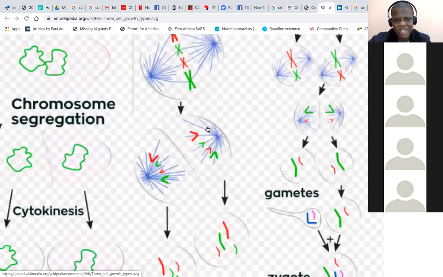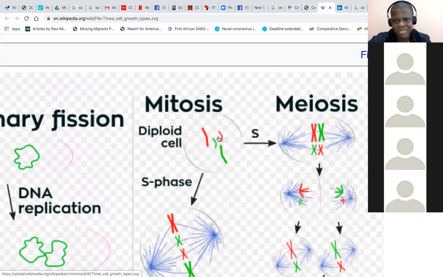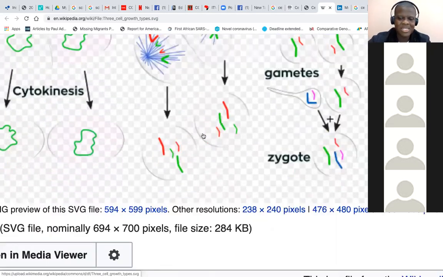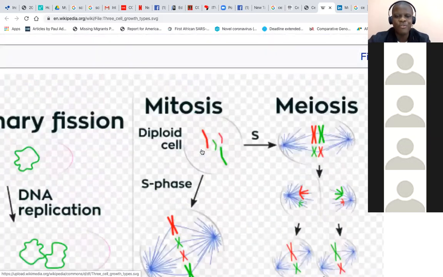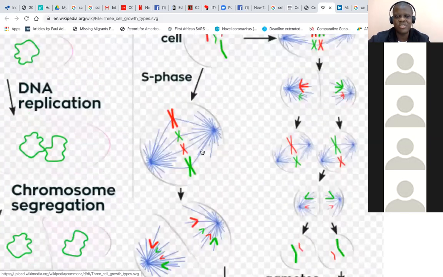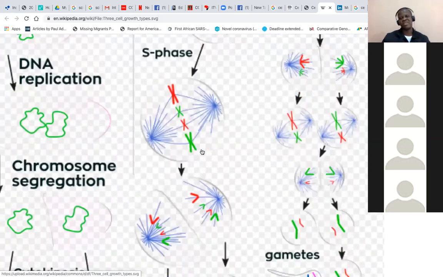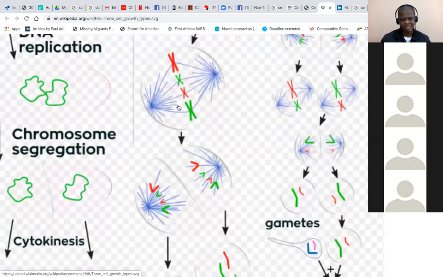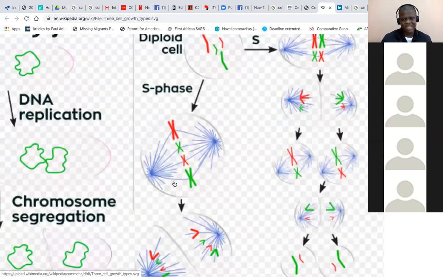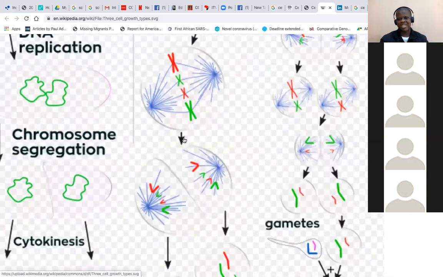And you remember what started from this stage. Look at how it is ending with two daughter cells that are true pictures of what was in the parent cell. But they went through different stages, different steps for it to get here. The S phase is important. But these are the various things that are actually happening for you to get to mitosis.